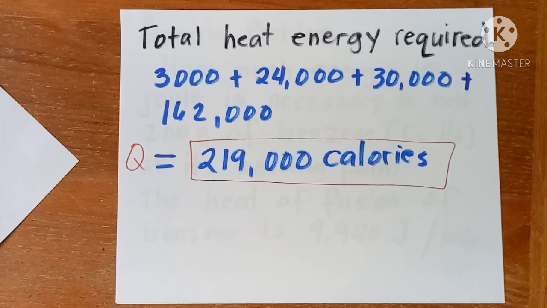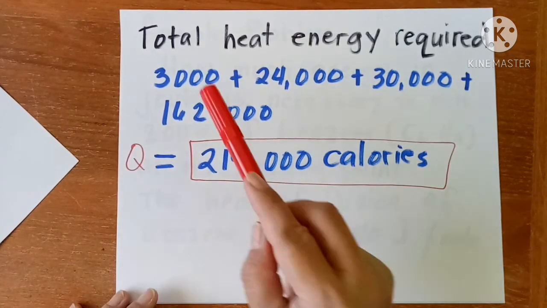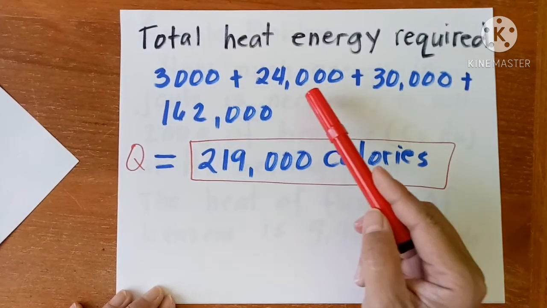Alright, so for the final solution, we're going to compute for the total heat energy required in order to convert 300 grams of ice at negative 20 degrees Celsius to steam at 100 degrees Celsius. So these are the amounts of heat that we computed a while ago.